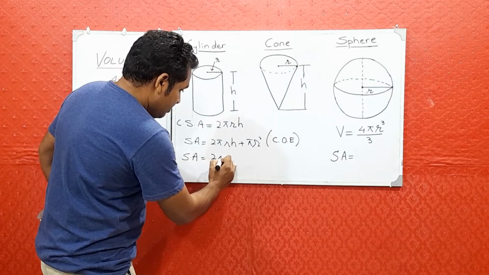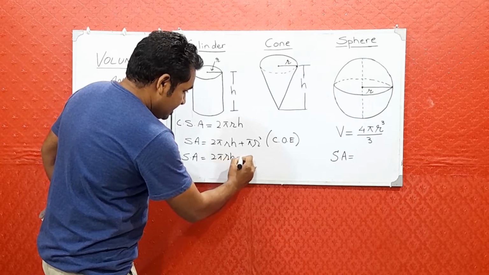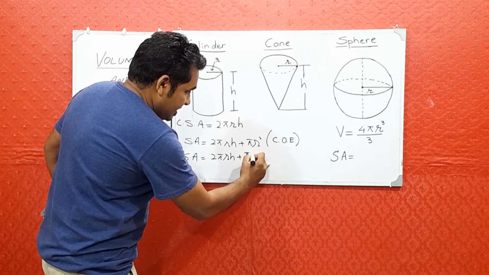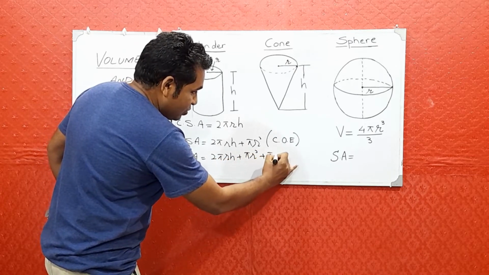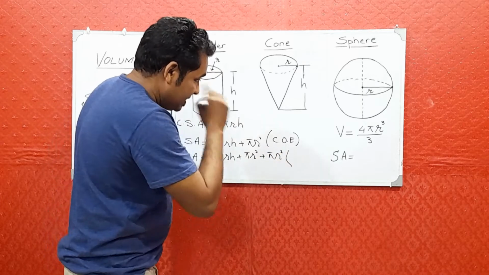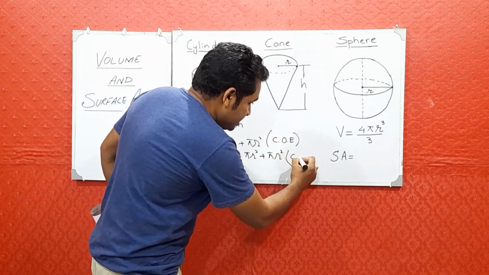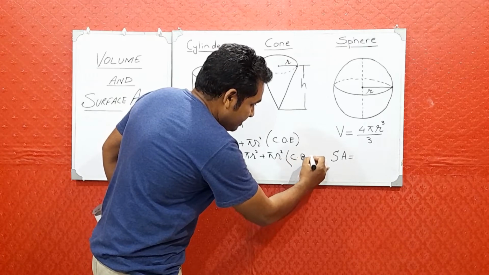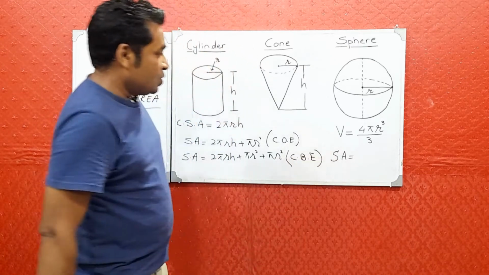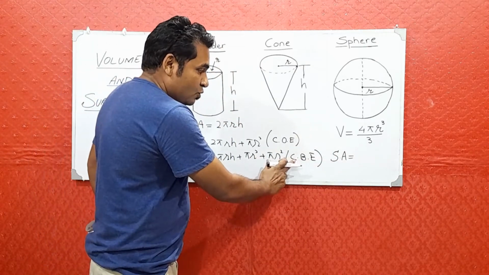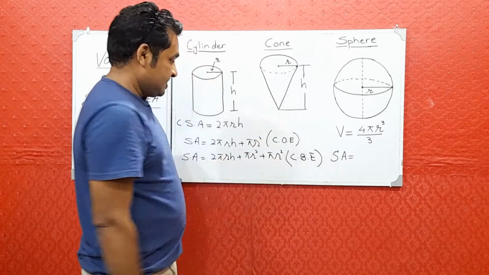We find it as 2 pi r h plus pi r square plus one more pi r square, because it is now closed at both ends.